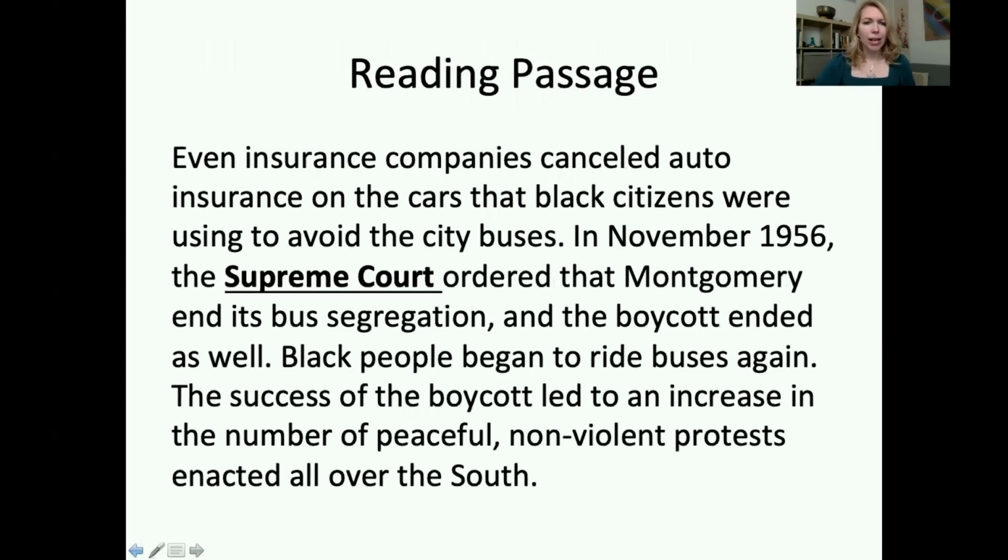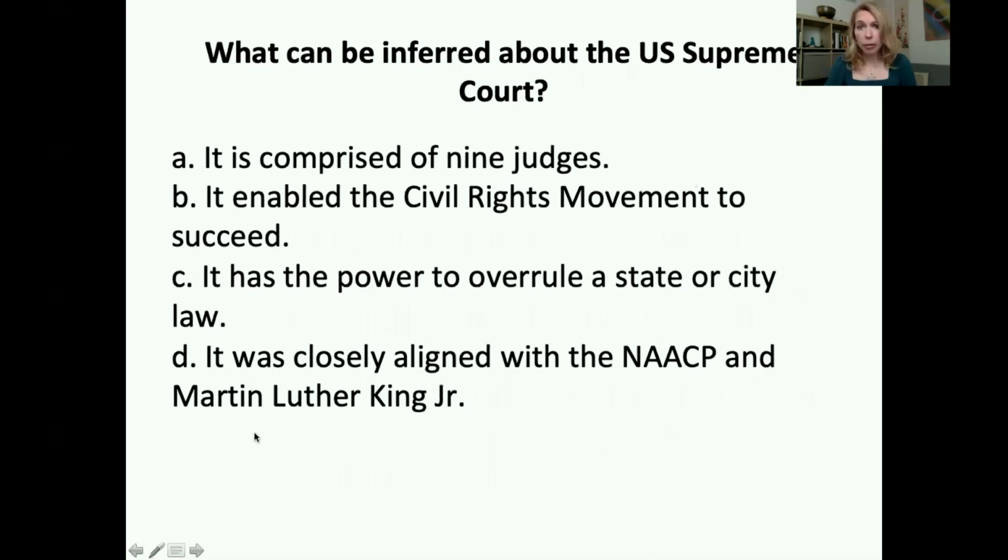However, do we have evidence in this passage that says that? We don't. We just know they made this decision, and we don't know if they were closely aligned with Martin Luther King and the cause or not. So this is possible, but it's not probable. C is the most probable.